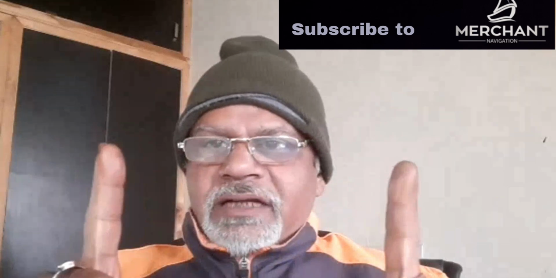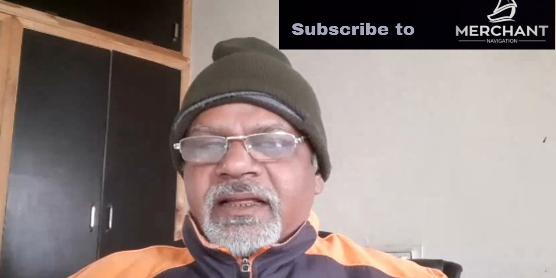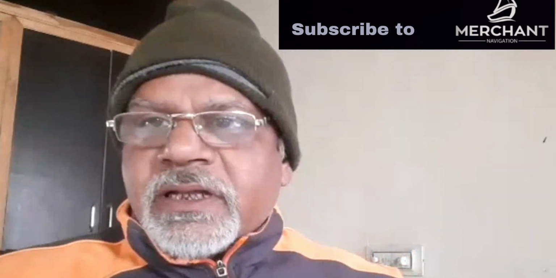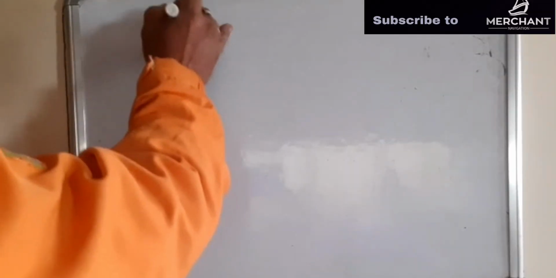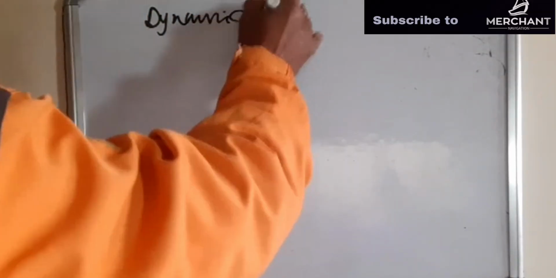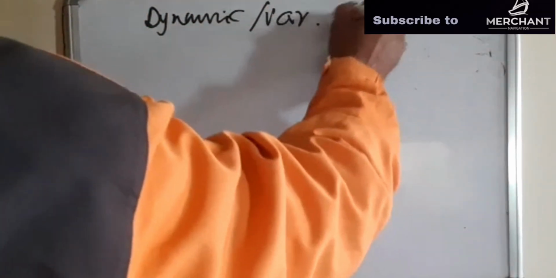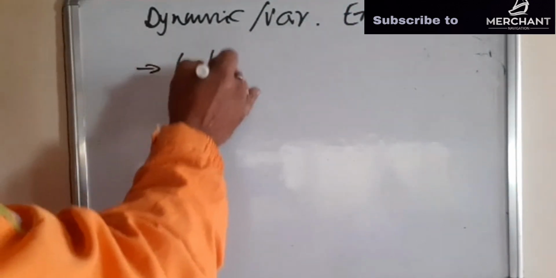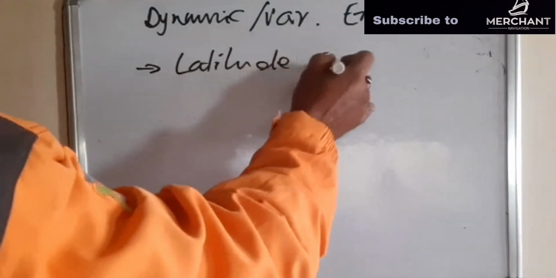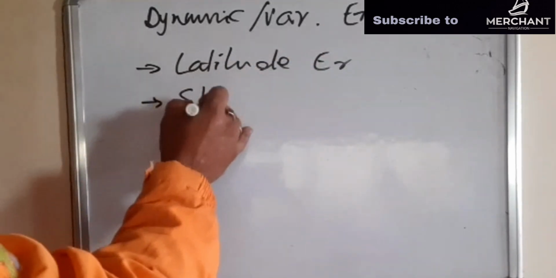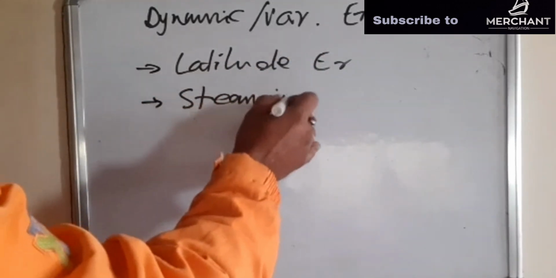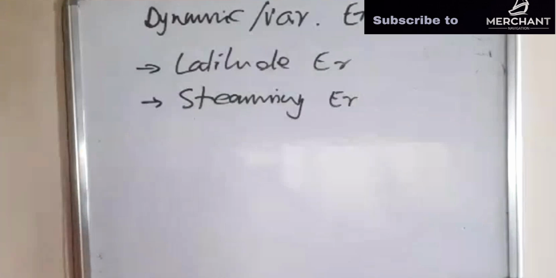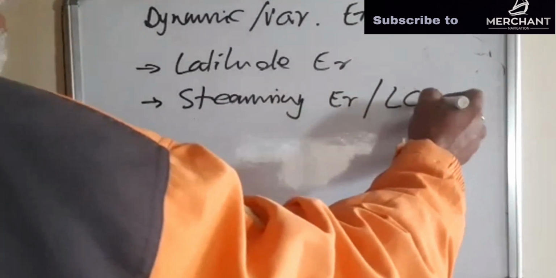We know that there are two kinds of gyro compasses. There is, okay, चलो पहले board पे चलते हैं. Let us know the dynamic errors or variable errors. Can be, one is latitude error. Other one is called steaming error, also known as LCS error.